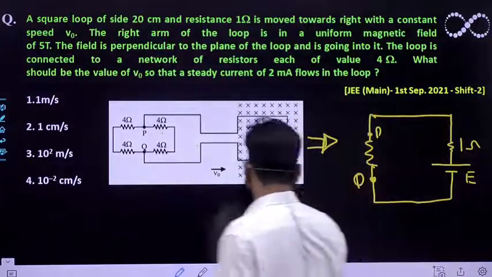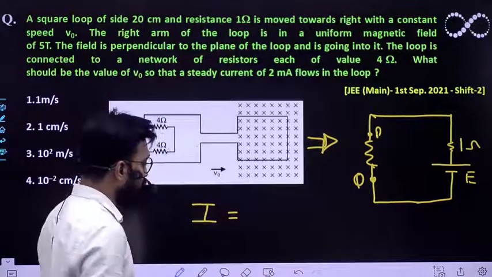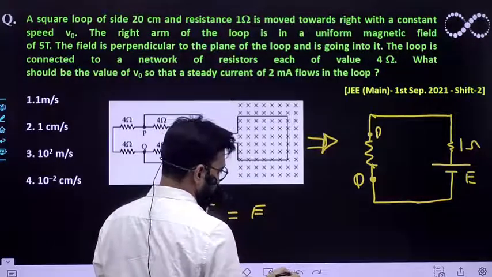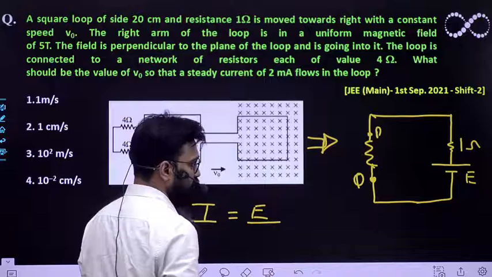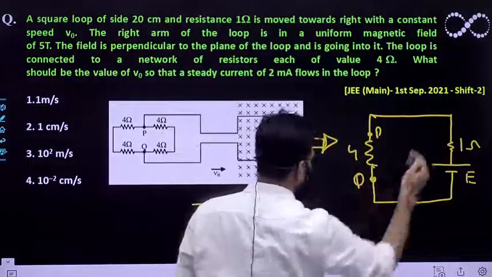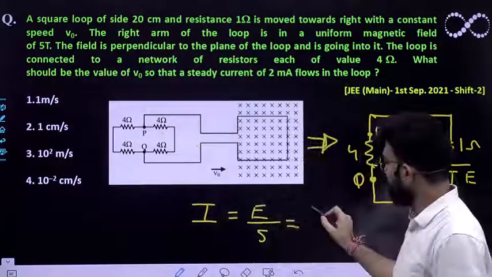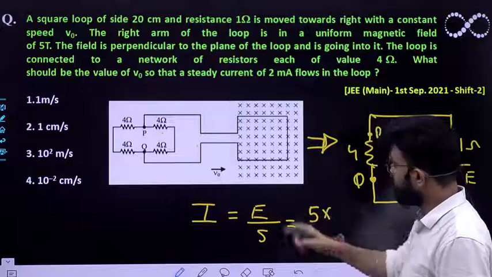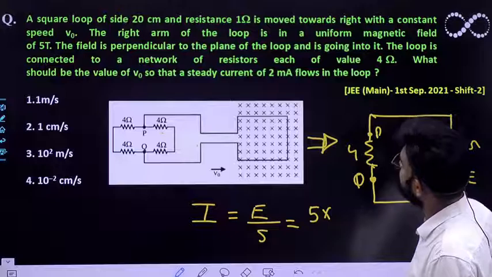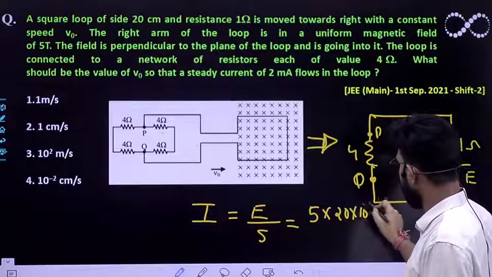So what should be the current supplied within the circuit? It would be equivalent to I equal to V by R. V is E. What is the resistance of the circuit? The resistance of the circuit is 4 plus 1, which is 5. So it would be equal to BLV by 5. B is 5 Tesla. The length of this conductor is 20 centimeters, so it is 20 into 10 raised to power minus 2.